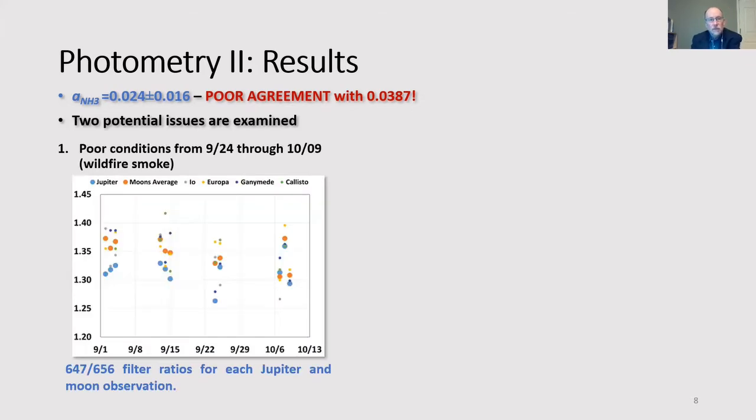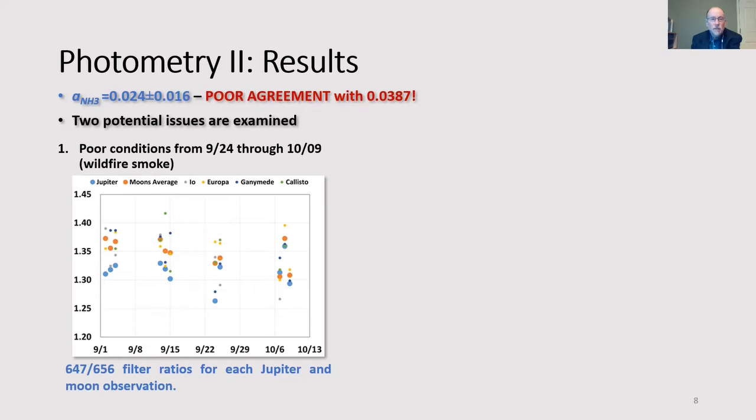The first one is the fact that there were poor observing conditions from the 24th of September through the 9th of October. Living in Denver, Colorado, there were major wildfires right here in the Rockies. And depending on wind conditions, we got very thick smoke to sometimes moderate smoke.